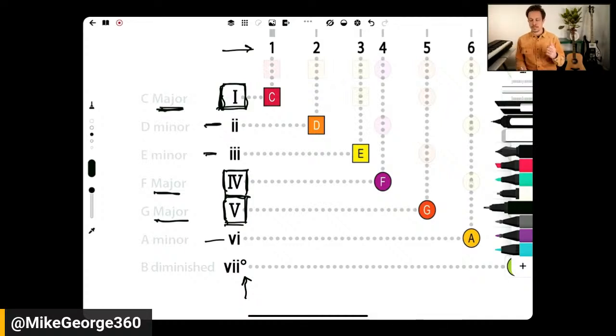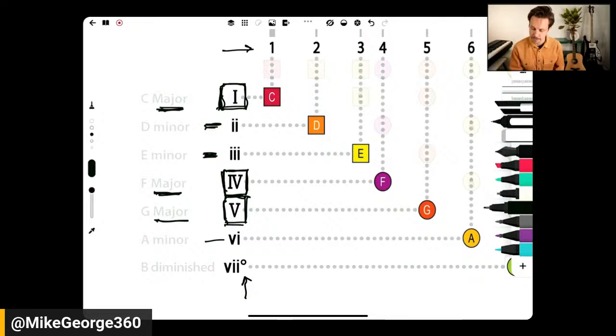So the 2 chord is a minor chord. D minor is minor, and that's why it's a lowercase 2. E minor is a minor chord, so that's why it's a lowercase 3. F major is a major chord, starts on the 4th scale degree. That's why it's an uppercase 4, Roman numeral 4, and so on.